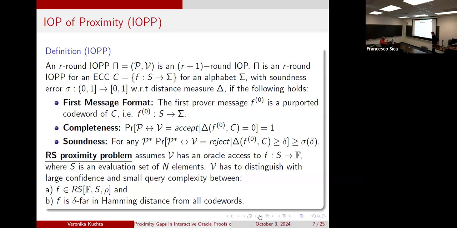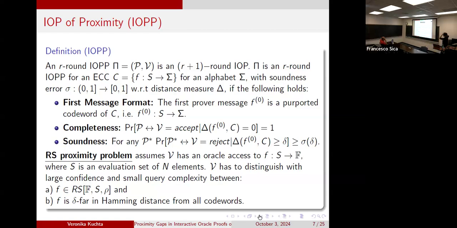So here we assume again that the randomized verifier can interact with the prover, has access to the proof oracle, and if the verifier in the end accepts a proof, then that also means that the statement which was made by the prover at the very beginning of the protocol is close to a code word of some linear code.